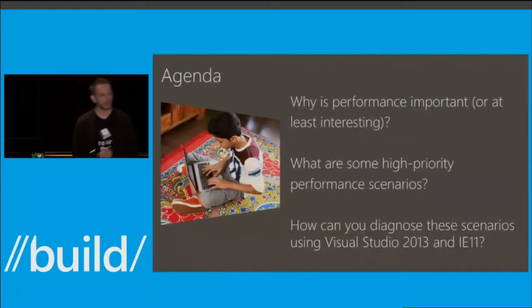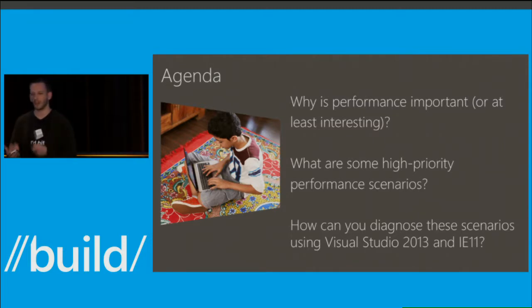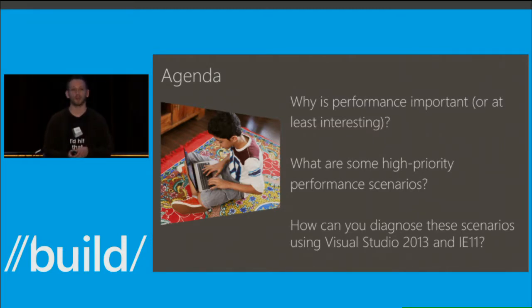Okay, so the quick agenda of this talk will be mostly demos, but essentially I want to do a few things. One, I'll do a kind of obligatory discussion on why performance is important, because I do talk to a lot of folks that don't necessarily appreciate the value of that.